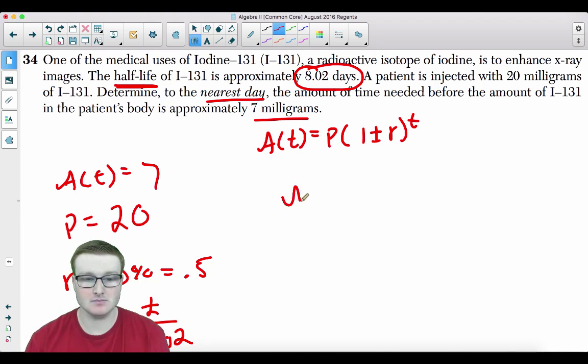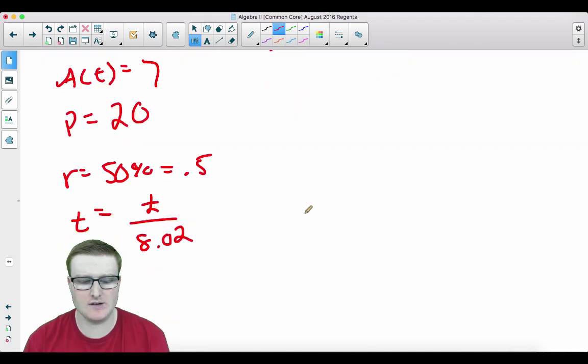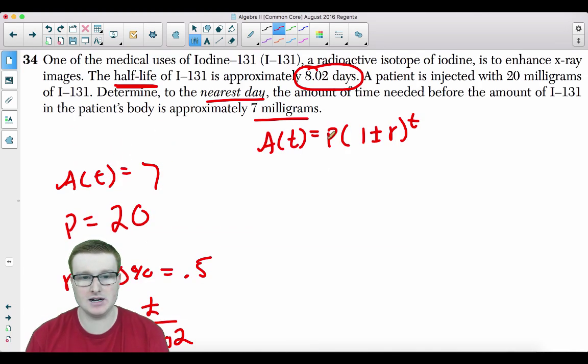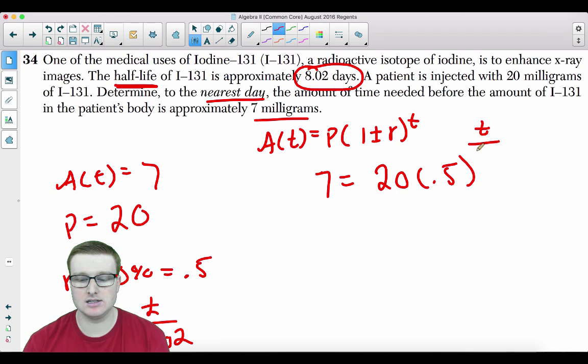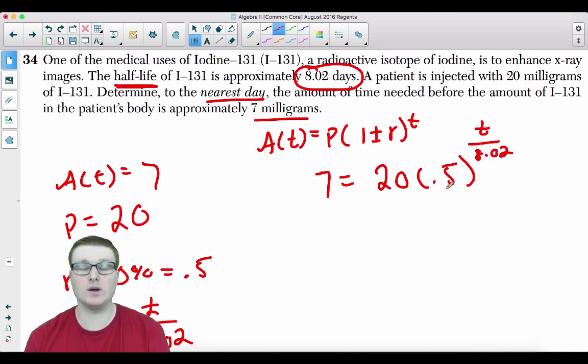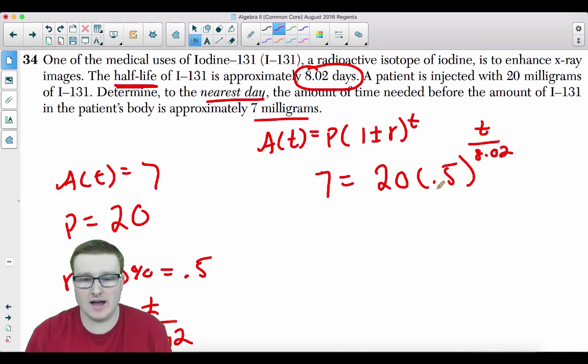Okay? So I'm going to plug in all my information. We're trying to solve for little t. So we get 7 equals 20 times 0.5 raised to the t divided by 8.02. Remember that 0.5 is a 50% decrease, so it's 1 minus 0.5 or 0.5.